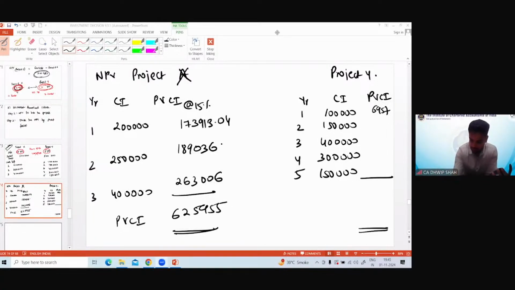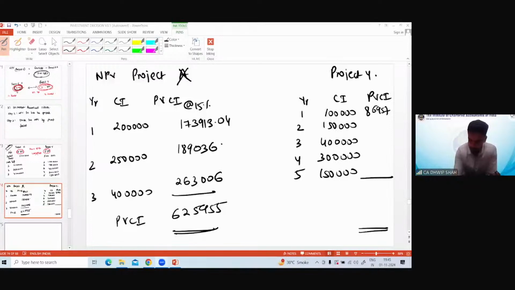No, now let's solve for each year because everyone is getting different answers. 86,957. For year 2, take 150 divided by 1.15, press equal to 2 times. How much did you get? 113,421.